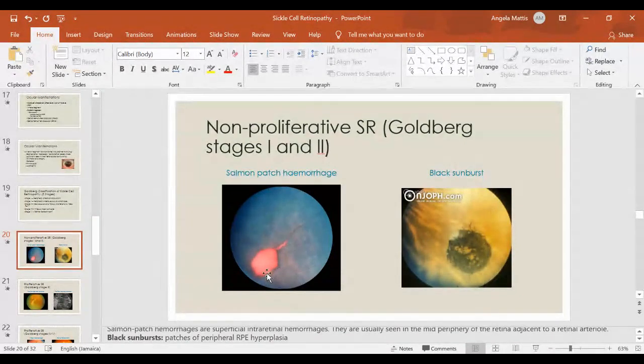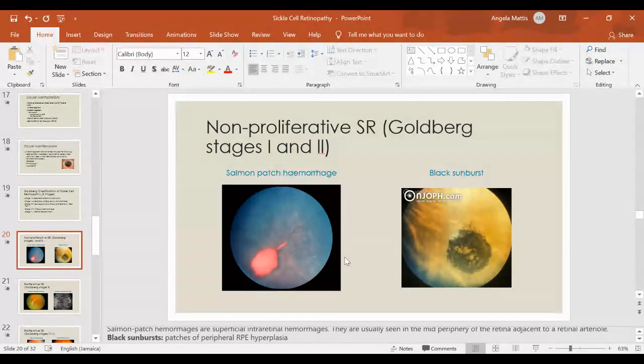Okay, and so in the days or weeks, a modification of this color occurs that contrasts with the dark color of the RPE. And this area takes on a salmon patch or salmon colored appearance. And this is why we call it a salmon patch. So it's really, you have necrosis and then there's hemorrhage around it. And it takes on that salmon patch color.